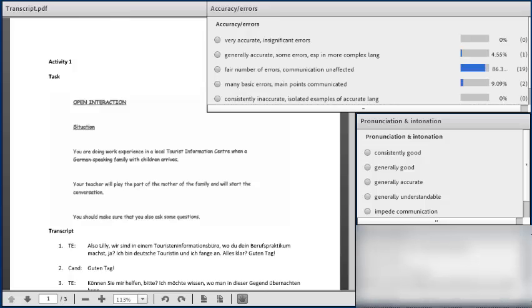Now the pronunciation and intonation, obviously this is difficult for you to tap into, but I wanted to bring this up as well because we would consider that. When you're thinking about accuracy, quite often there's a focus on accuracy as being to what extent are there errors, but pronunciation and intonation do have an impact on the mark we award for accuracy.